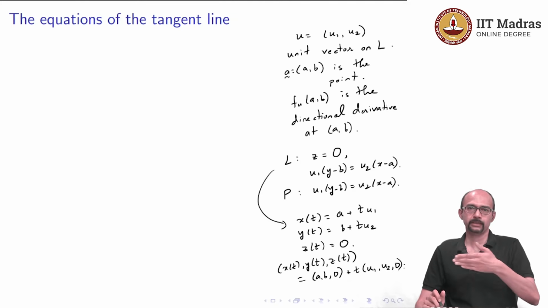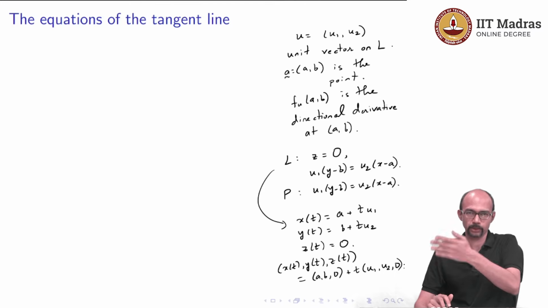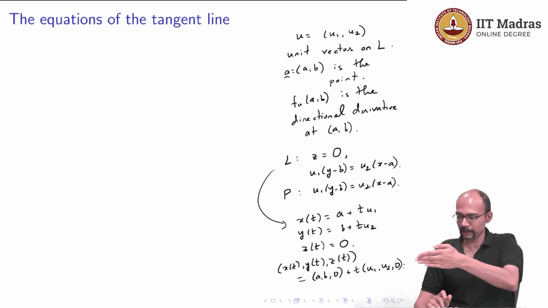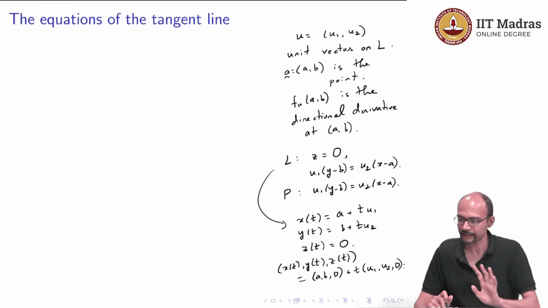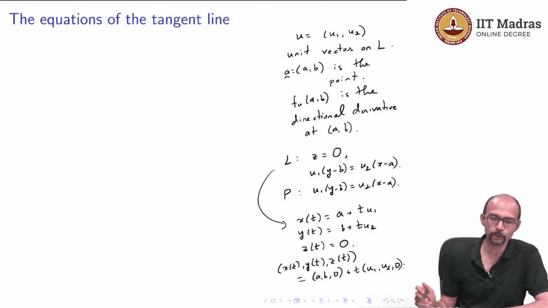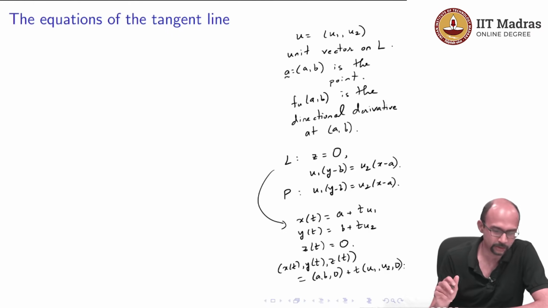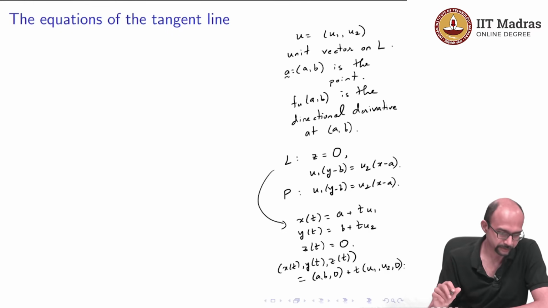So, this is saying that you are shifting the line passing through (u1, u2, 0), because it is on the xy plane, so that it passes through (a, b). This was exactly the idea of affine flats, and we are going to use the same idea now to write down the equation of the tangent line as well.